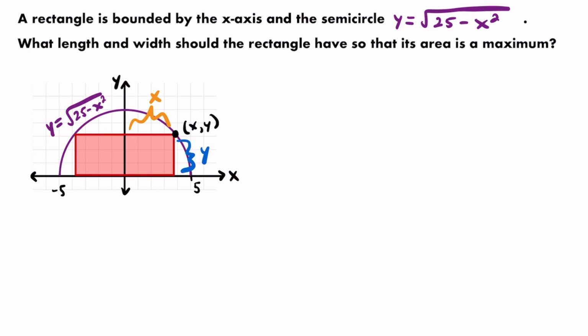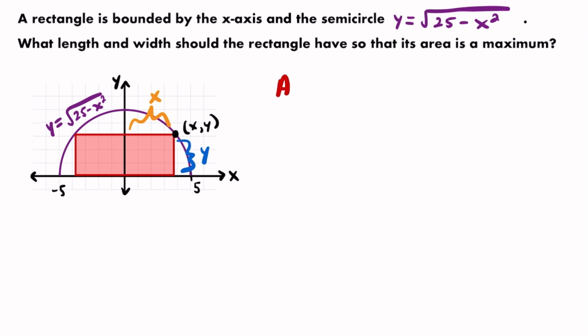Okay, so now we can see that half of the length of the rectangle is x, and the width of the rectangle is y. So, if we want to represent the area of this rectangle in terms of x and y with an equation, and we know that the area of a rectangle is length times width, what would be the length times the width in terms of x and y? Well, let's write it down.